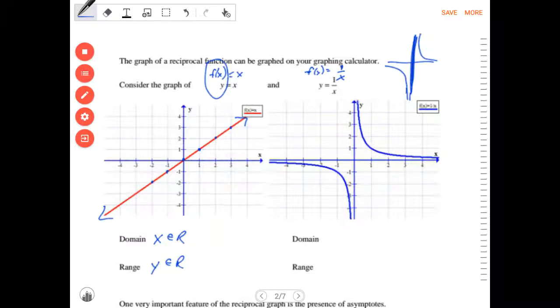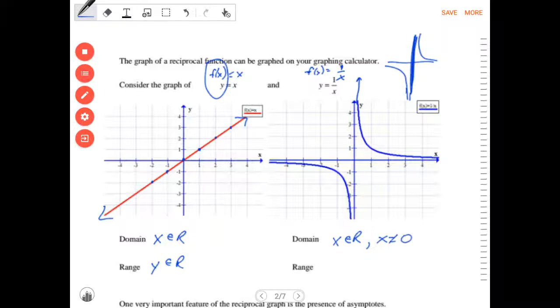The idea here though is this line gets closer and closer and closer to the y-axis and never touches. So the domain is everything except when x is 0. So x is an element of the reals except x is not equal to 0.